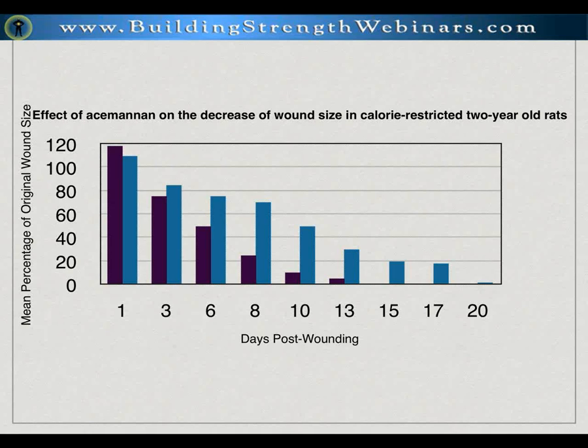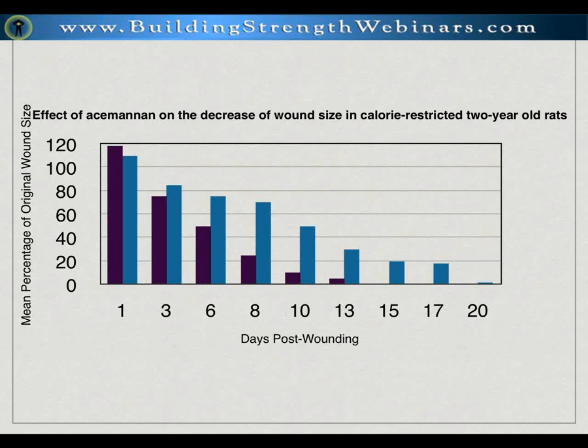It took him a while to get that big. But you'll notice they heal much, much faster with acemannan. And the statistics are out of sight, 0.000, I think one of them is 0.000 but times 10 to the minus 12.